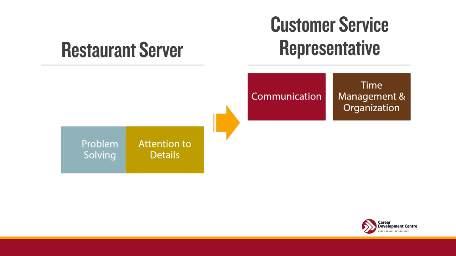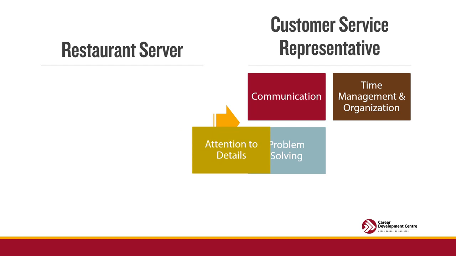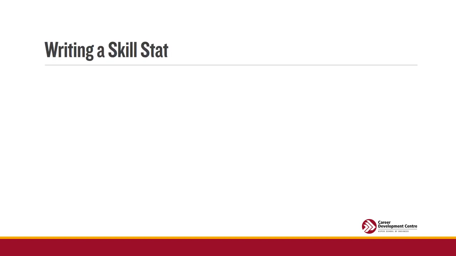You need problem-solving skills to be able to help customers with their complaints and their issues. And finally, you also need great attention to detail to make sure that you remain accurate with your data entry. So as you can see, having worked as a restaurant server, although in and of itself is not directly related to working in a bank, the skills that you have gained by doing that job are completely transferable into another job. So how do we write a skill statement?